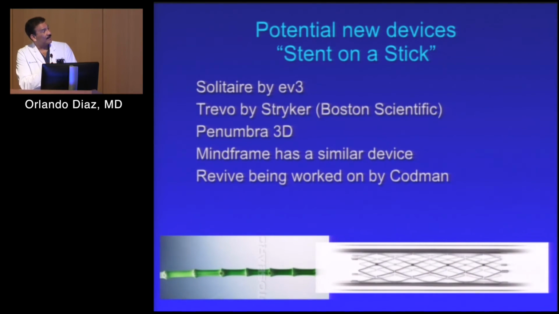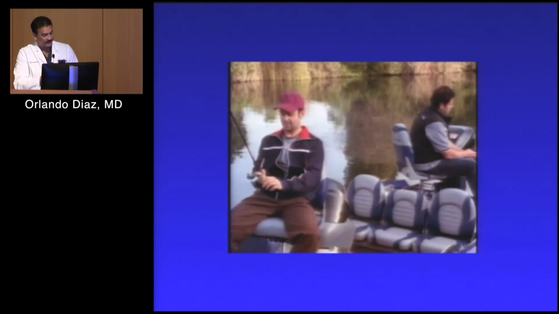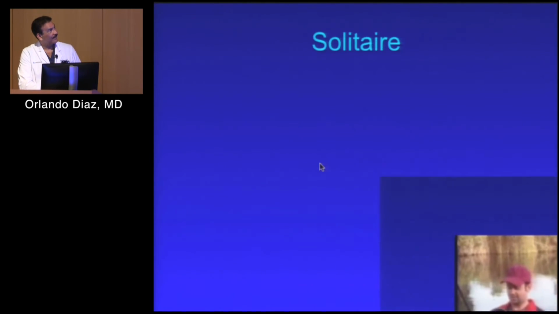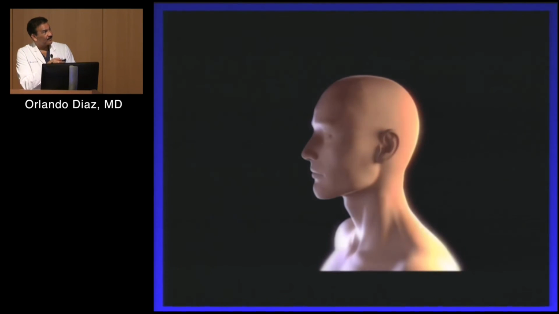But we have Solitaire, Revive, Penumbra, 3D, Mindframe, all these clot retrievers. This is one of them. This is the clot, this is the internal carotid. We open this stent, which was developed by accident, the way they demonstrated that this was good to grab the clot. So the clot gets inside that mesh.